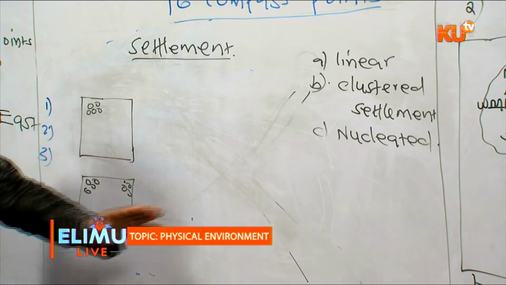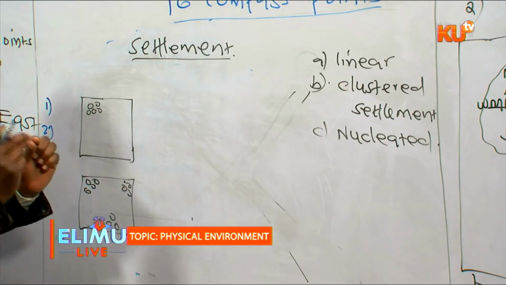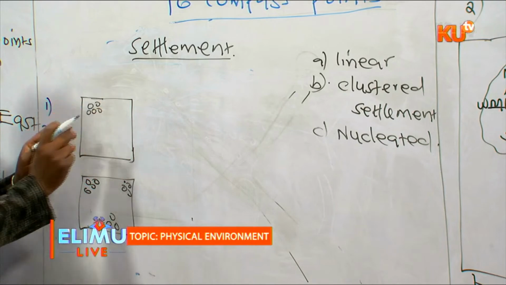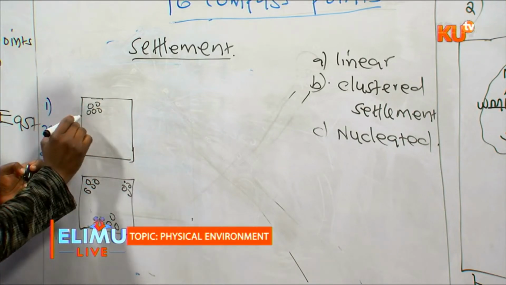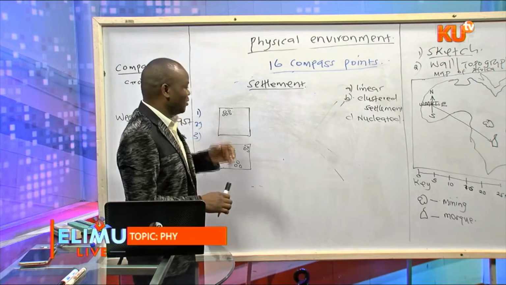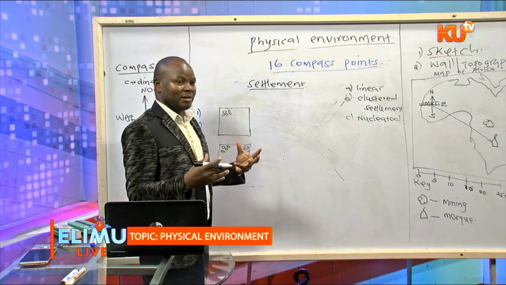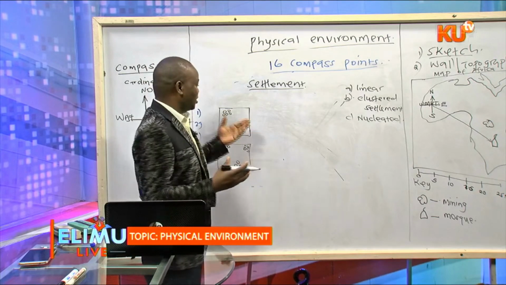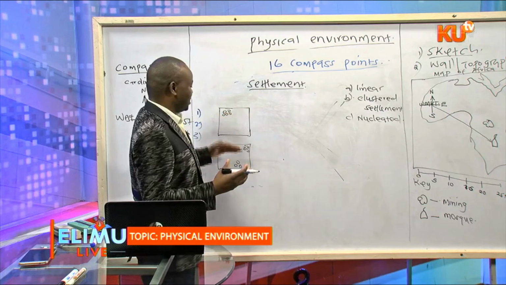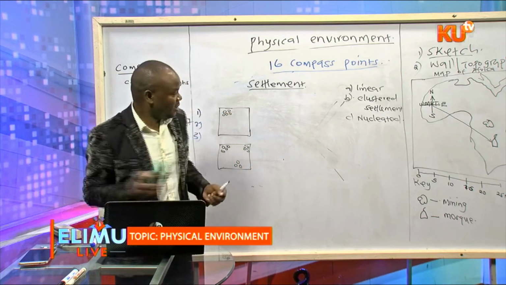Of course, we have others which say that clustered is the same as nucleated, but I want to give you that it has a slight difference, that it lives only in a nuclear manner. This one alone, it is called nucleated settlement. So that nucleated settlement, of course, it gives you a leeway to identify the two and to give a very clear difference between this nucleated and clustered when you approach such a question.